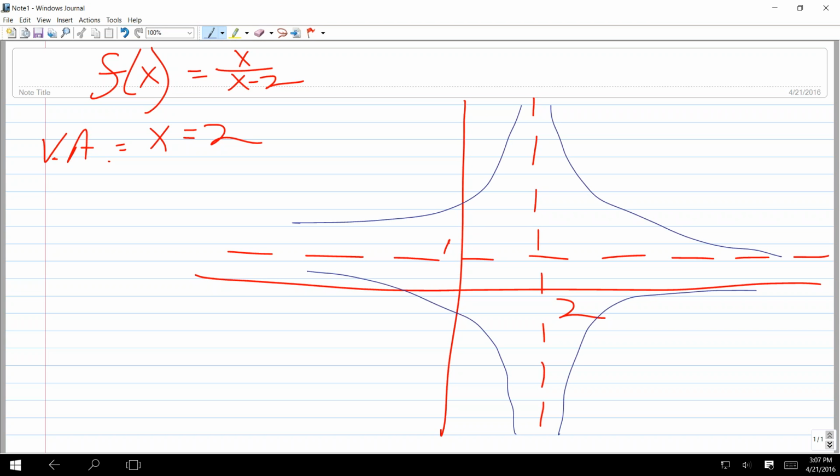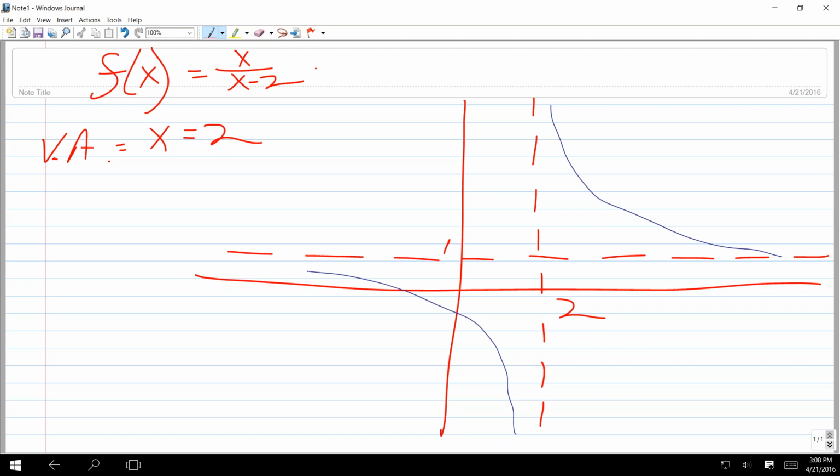So let's figure out which one it is. How can we do that? In other words, let's assume that it's this one, first and third quadrant. How can we verify that? You could plug in a point, right? Well, plug in what point? Something on the x, so like 3. Good. In other words, you want to go probably to the right of that vertical asymptote.